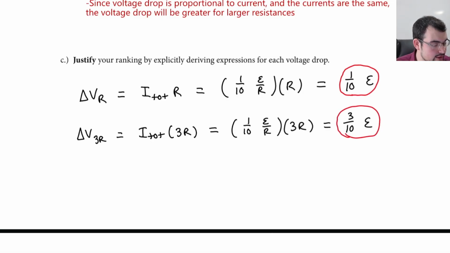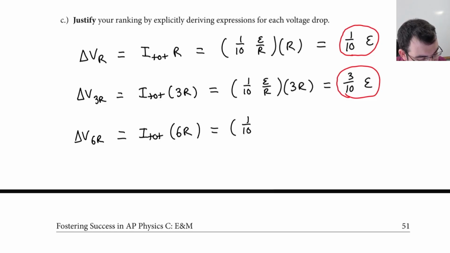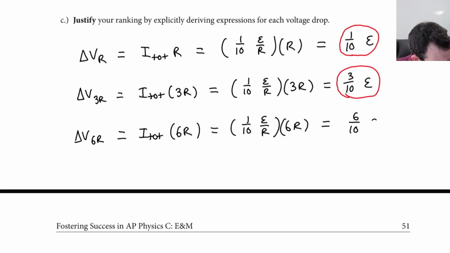All right, you'll hardly believe what the last one is going to be. Delta V across the 6R is I total times 6R, which is 1/10 epsilon over R times 6R, which is 6/10 epsilon. I'm not simplifying the fraction because I think it shows something here.